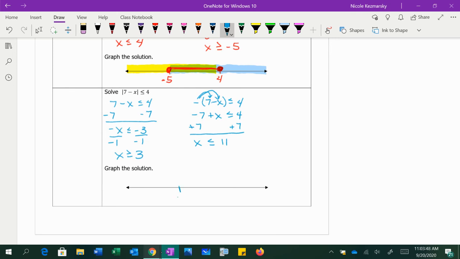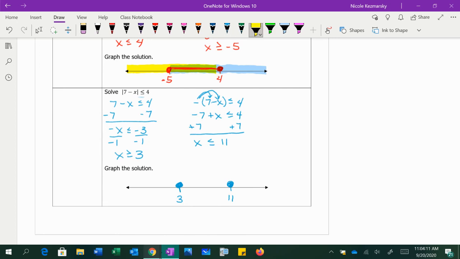So I'm going to put the 3 on the left and the 11 on the right because 3 is less than 11. Solid circles because we've got or equal to's this time. And then when we shade, I know I'm going to shade in between because we started off with this less than or equal to.